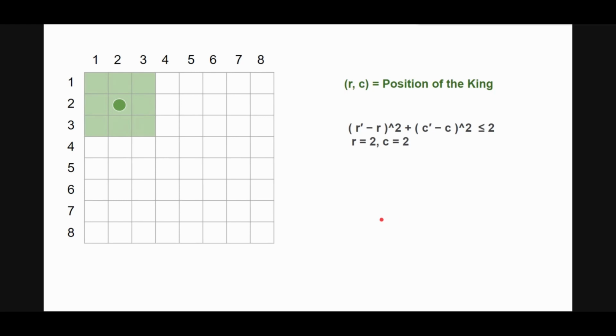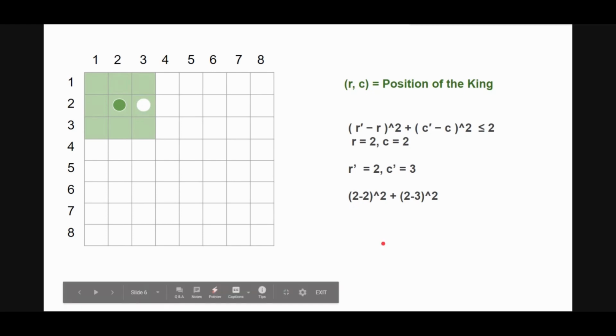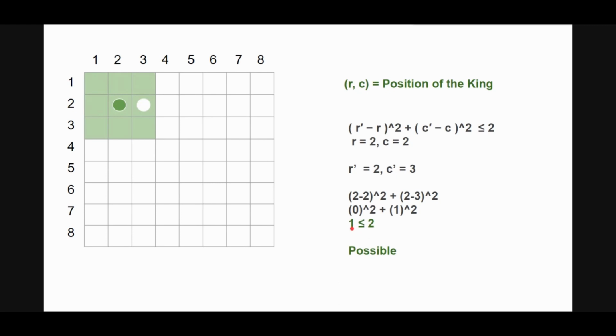Now let us check this condition with a few examples. Here r dash comma c dash is 3, which is a valid input as it falls under the shaded region. Now let us check whether this condition is satisfied or not. Here the answer obtained is 1, which is less than or equal to 2.